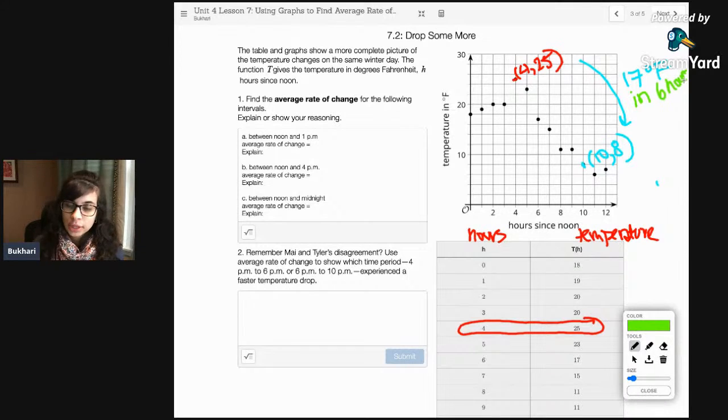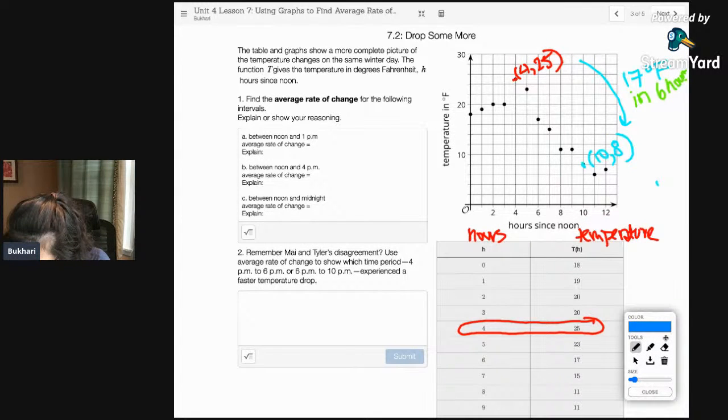And so if I want to find the constant rate at which my temperature is falling, I know to find the average rate of change, I can divide my temperature over my time, right? 17 divided by 6, which would give me my temperature change per hour.